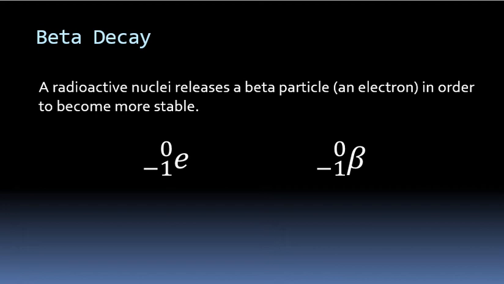Since I want to distinguish between electrons that are normally orbiting an atom versus one that was simply formed inside the nucleus, perhaps through the breakdown of a neutron into a proton and a beta particle, I'm going to represent these electrons with a beta instead of an e. But you could use either and still be correct.